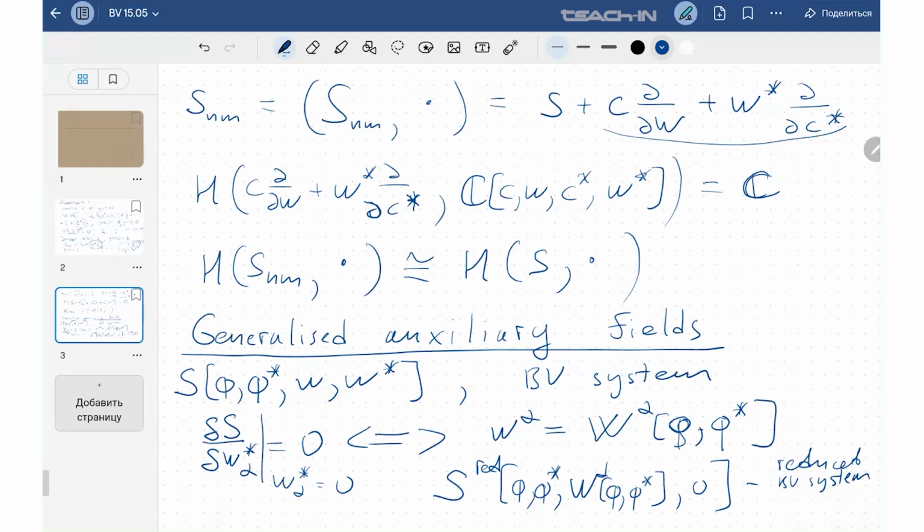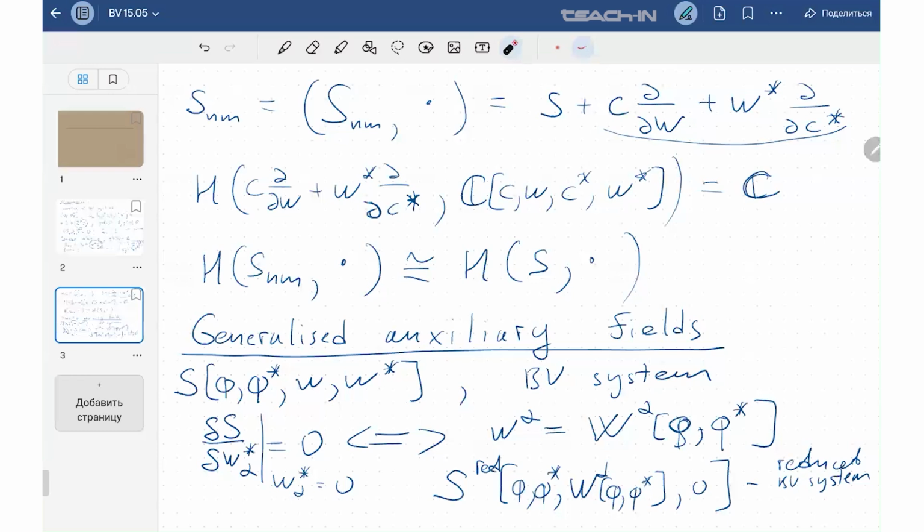So again, if this equation can be solved with respect to W algebraically, we say that W and W star are generalized auxiliary fields. Generalized auxiliary fields can be eliminated, which means we can set them to their values.